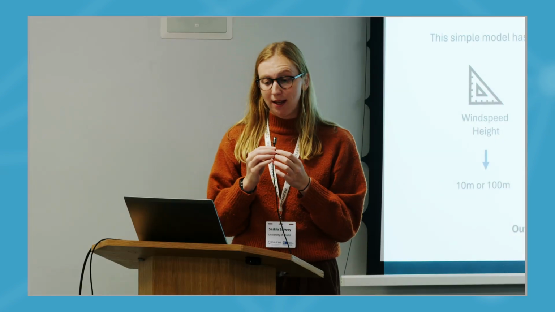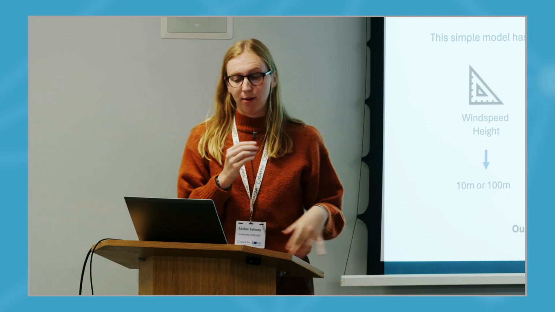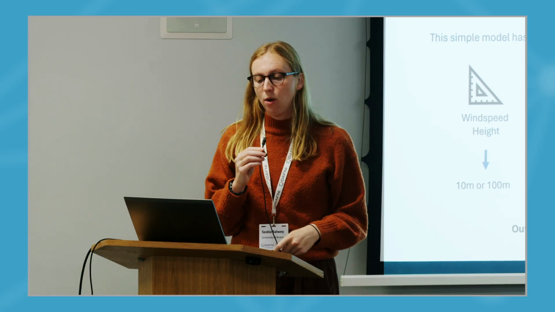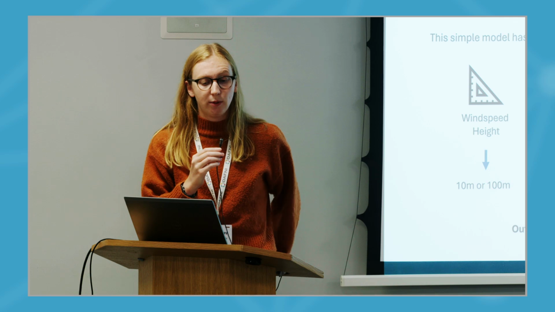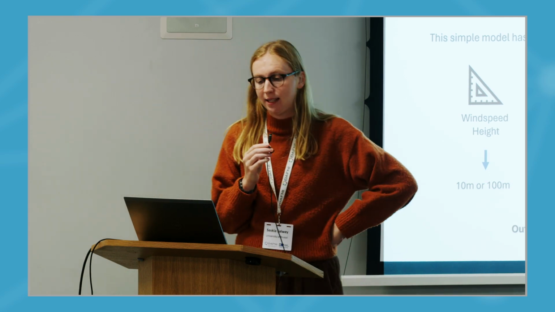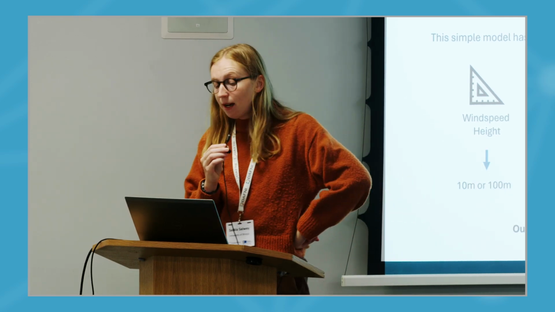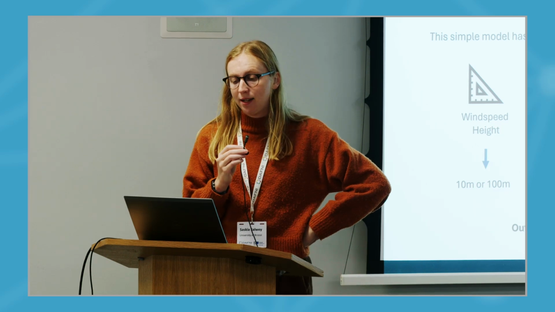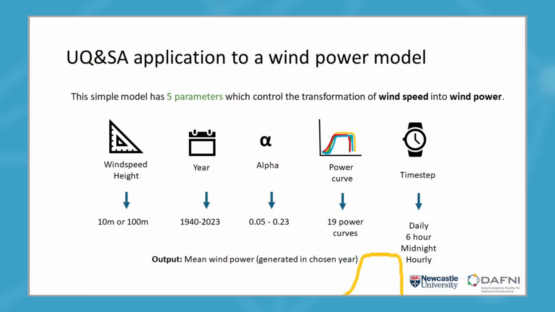So as well as varying the year, we have 83 input years for this sensitivity analysis. We also varied the height at which we took the wind speed data from the reanalysis. We also varied the time step, and this wind power model takes a power curve as well. And this is a user decision, the power curve which is selected.